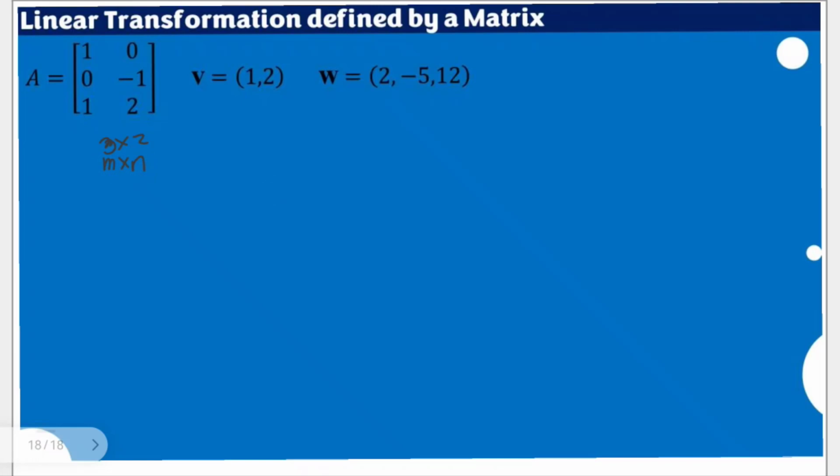Why is it very important for us to have this? Because the linear transformation defined by a matrix is in this form: R to the n to R to the m. And since our n here is 2, our linear transformation for this specific matrix is R2 to R3.